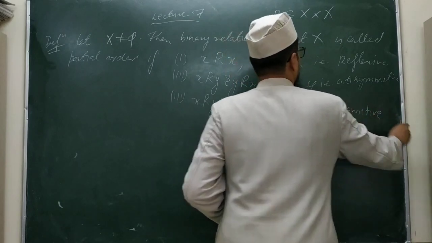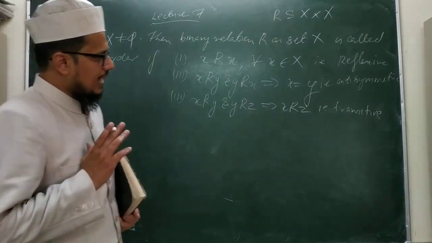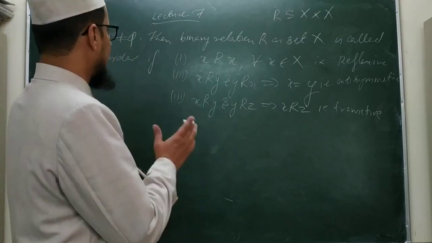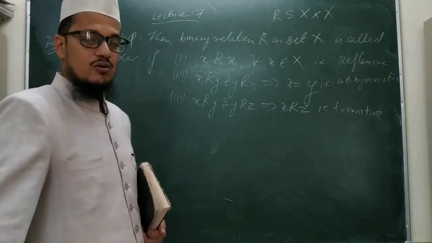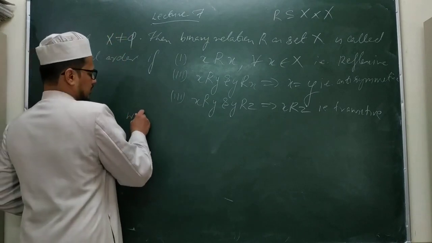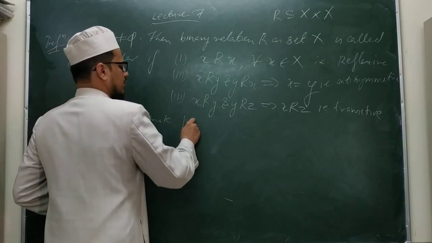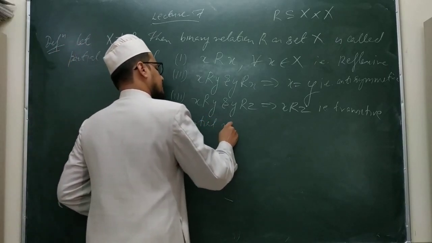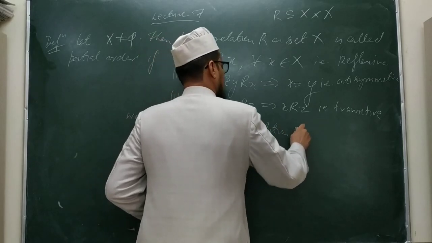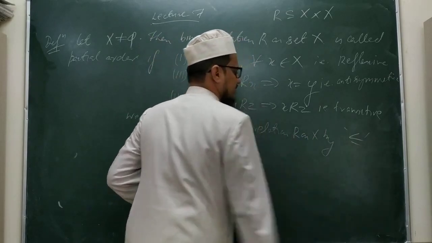So you can say that when binary relation R is reflexive, antisymmetric as well as transitive, then we say that relation R on a non-empty set X is called a partial order relation. And we denote the partial order relation R on X by the sign, like this.